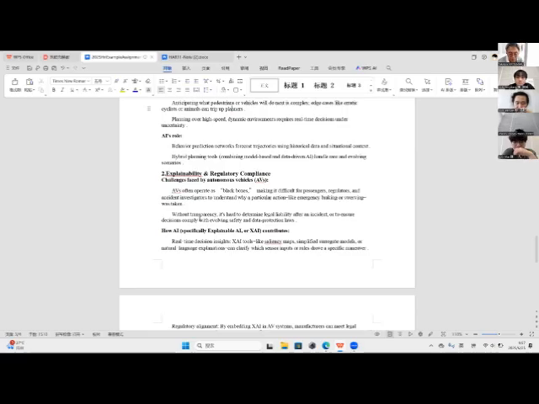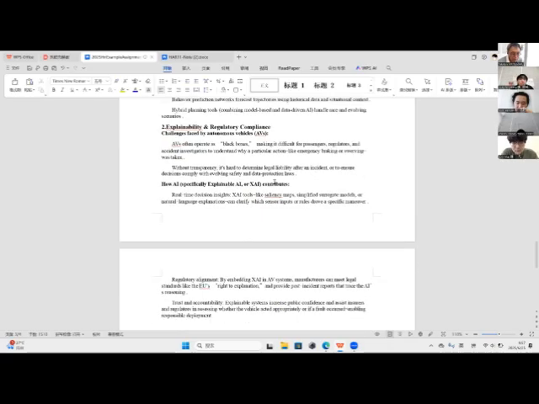Without transparency, it is hard to determine legal liability after an incident, or to ensure decisions comply with evolving safety and data protection laws.